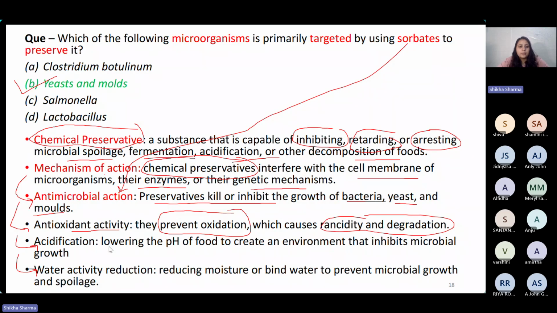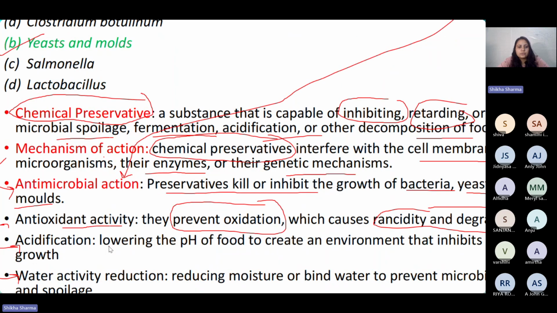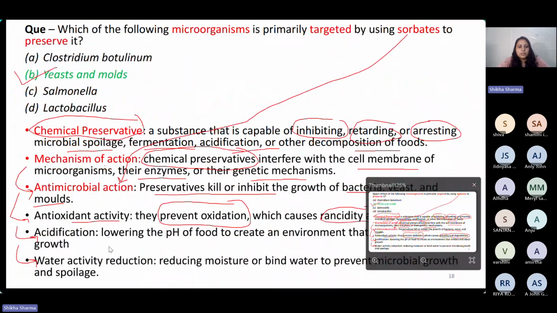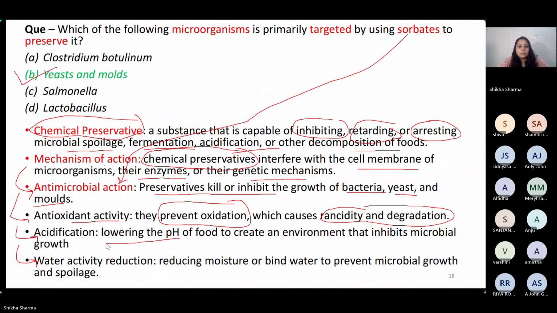Some chemical preservatives can lower the pH of the food so that the microorganism will not grow in the low pH condition. And some chemical preservatives reduce the moisture or bind with the water so that the microorganism will not get water for its reactions.